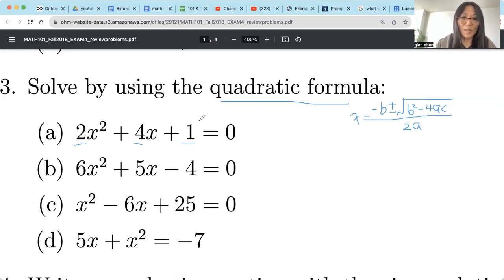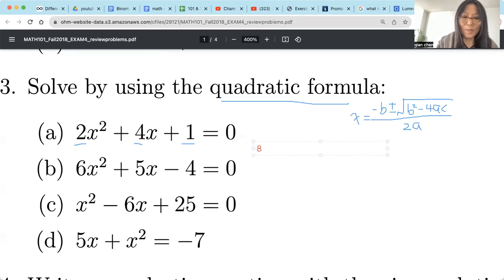So let's plug in. Let's find b squared minus 4ac first. So we have b squared, which is 4 squared, which is 16, minus 4 times a times c, which is 4 times 2. 4 times 2 is 8. 8 times 1, still 8. 16 minus 8, that's 8.